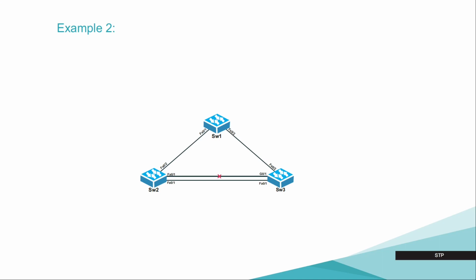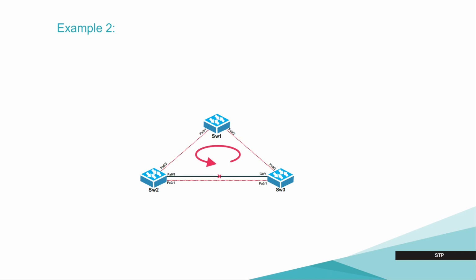Let's take another example. In our example here, we have switch 1, switch 2, switch 3, and we have two links between switch 2 and switch 3. So let's ask a question here. If we plug one port, is that gonna solve the loop problem?